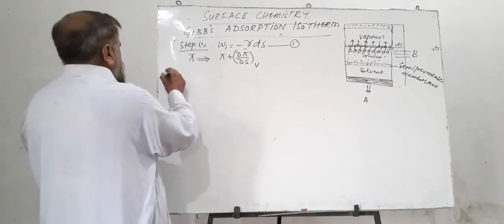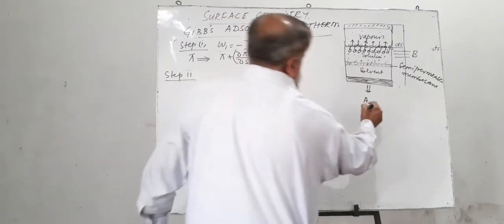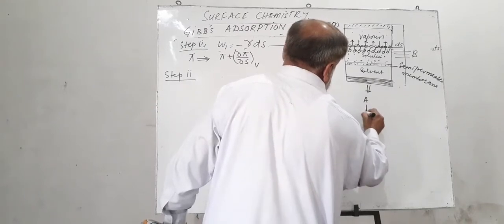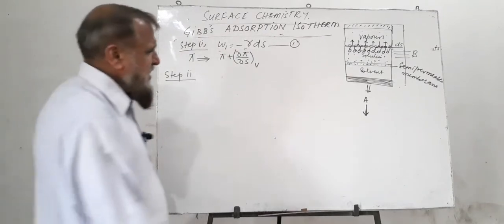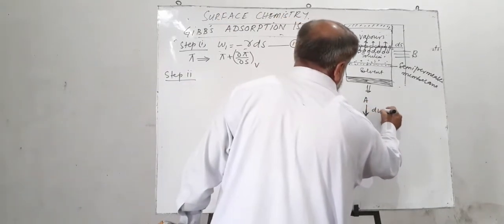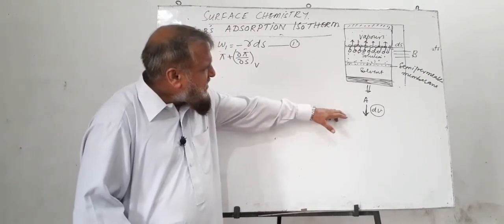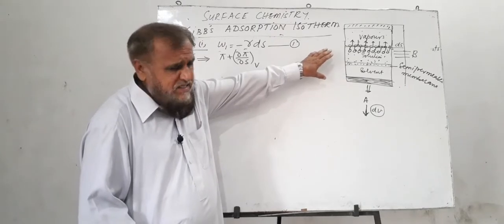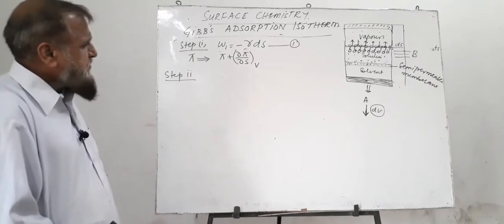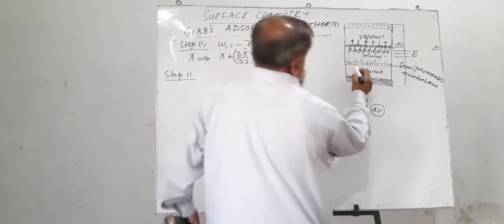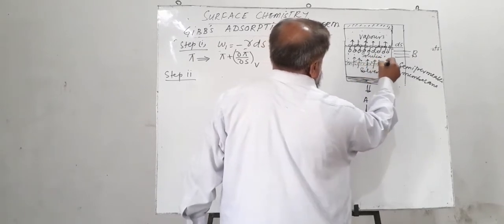Now in step 2, we push the piston A in the downward direction, keeping the surface area constant, but the volume changes by a small element dV. Now we know that solvent is moving into the solution due to the process of osmosis.